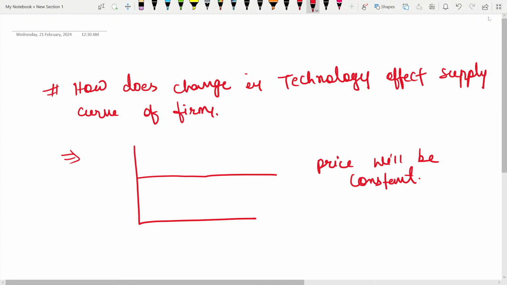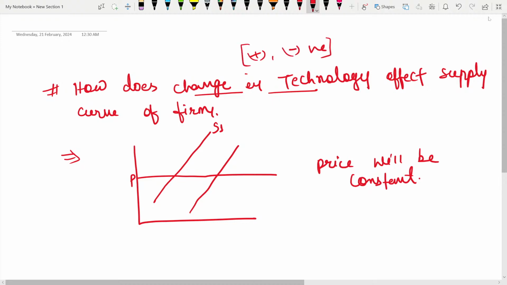This is the existing price, and this is supply, which shows an upward direction. This shows the positive relationship. Let's suppose that a change in technology can happen in both senses, a positive change or a negative change, depending on what kind of change is taking place in the market or in the production process.